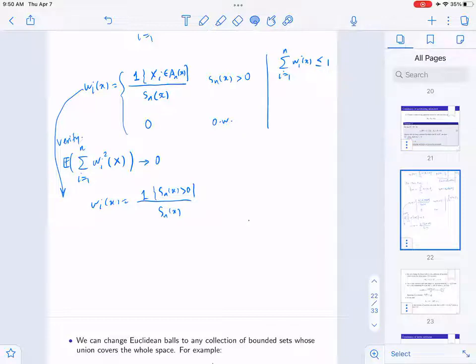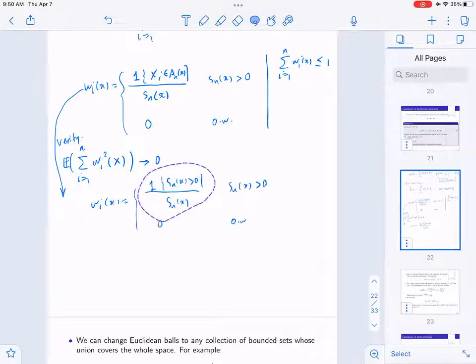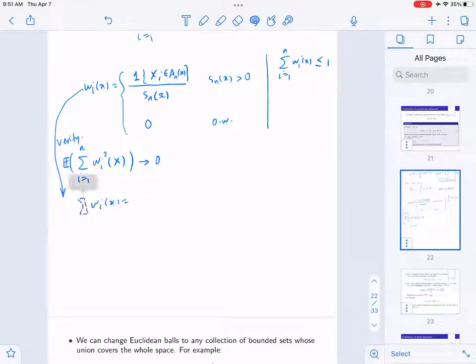Okay. Let's do this. This was not correct. This should be correct. So if I sum them, square, I would get what I had there, 1[S_n(x) > 0] divided by S_n(x).